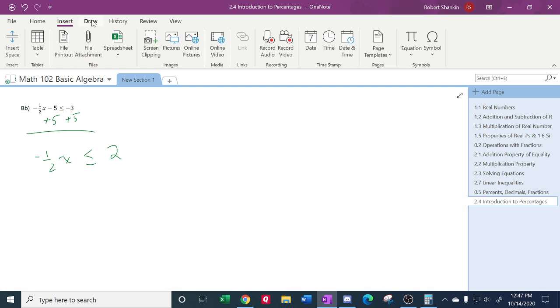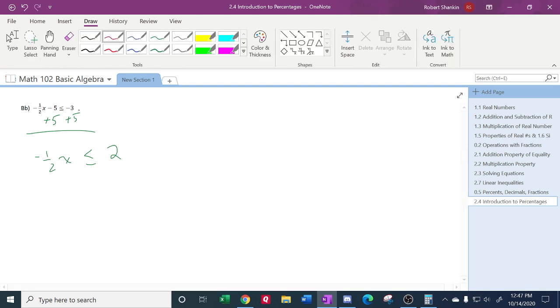The next step, I am going to get rid of this -1/2, but instead of dividing both sides by -1/2, I multiply by the reciprocal on both sides. Now, since I'm multiplying both sides by a negative number, the sign gets changed. The direction of the arrow changes.